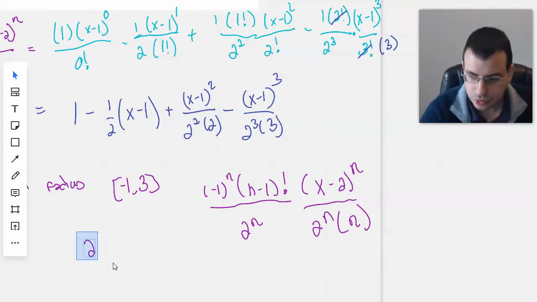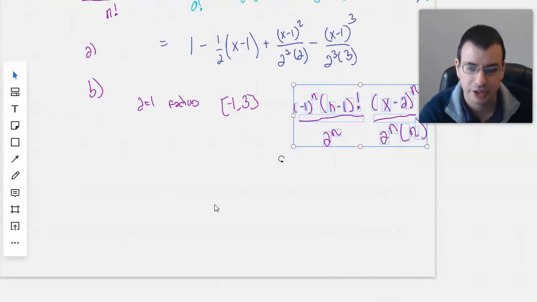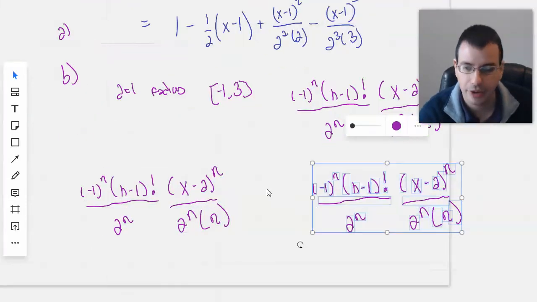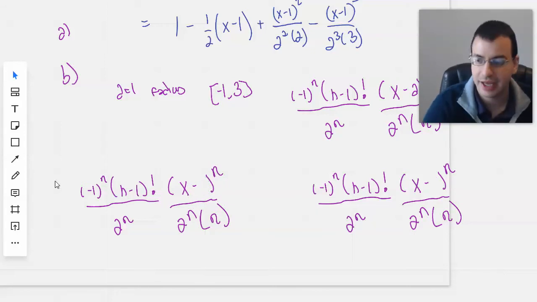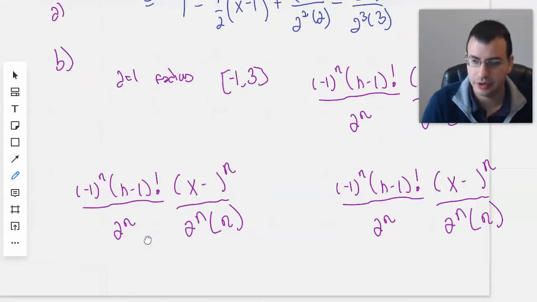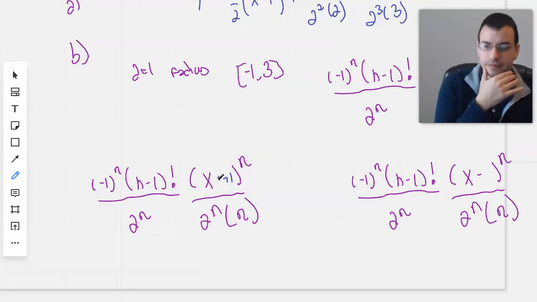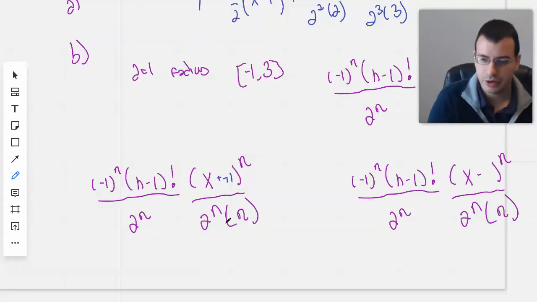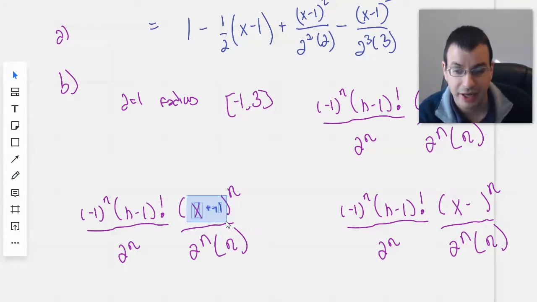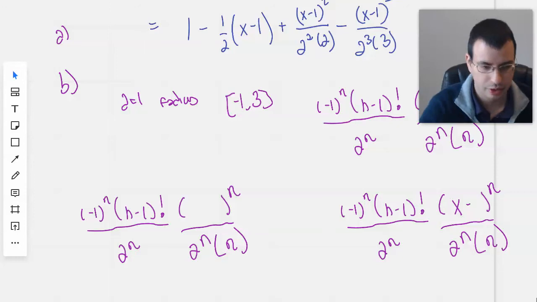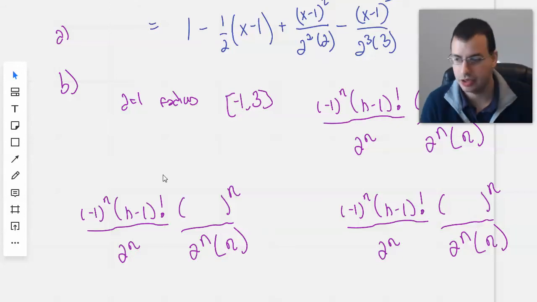So what we're going to do is I'm going to take this, I'm going to copy it twice, and I'm going to put in either -1 or 3. No, sorry, I'm going about that wrong. What they're saying is that x can be between -1 and 3.